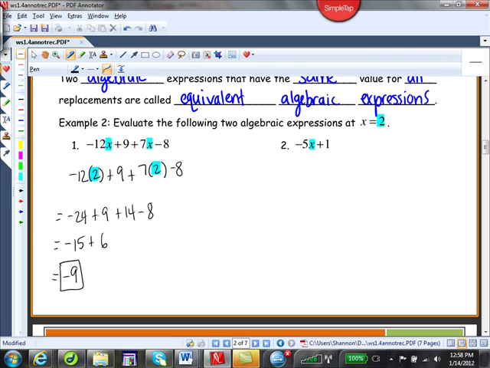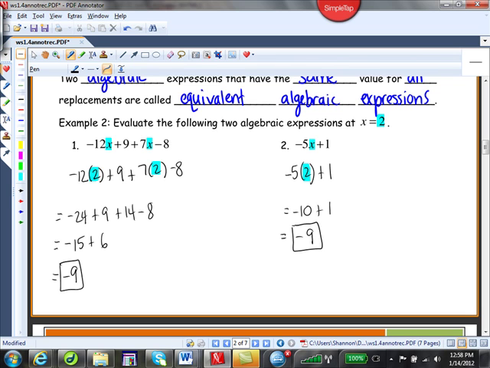So when x takes on a value of 2, we get a result of negative 9 when we evaluate this algebraic expression. Now this guy will have negative 5 times 2 plus 1. So this is where I plugged in the x equal to 2. So this is negative 10 plus 1, and hey, we get negative 9.